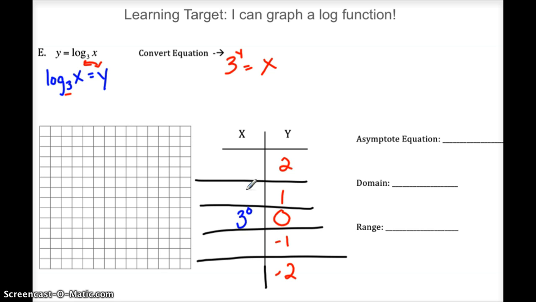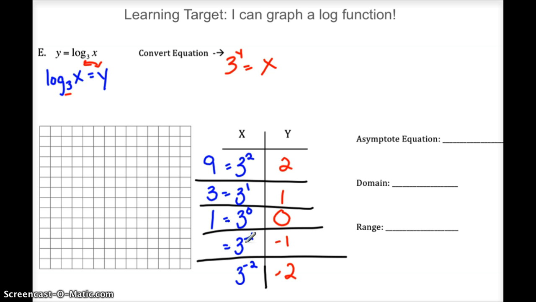Let me fill in. When I plug in a 2 for y, I end up with 3 squared. When I plug in a 1, 3 to the 1st, 3 to the -1, 3 to the -2. Now it's just a matter of whether you use a calculator or do it in your head. Just calculate these values. 3 squared is 9, 3 to the 1st is 3, 3 to the 0 is 1.